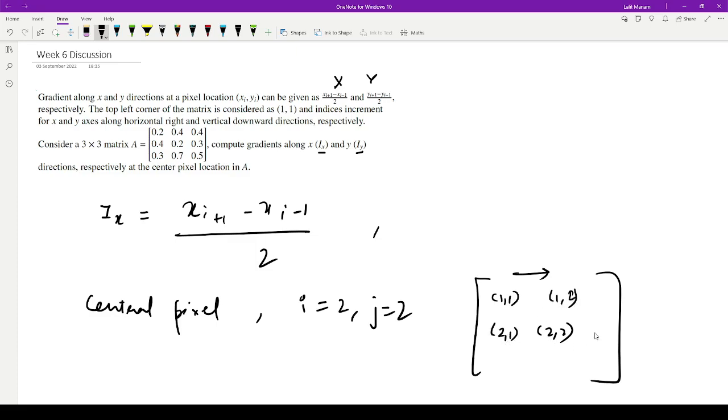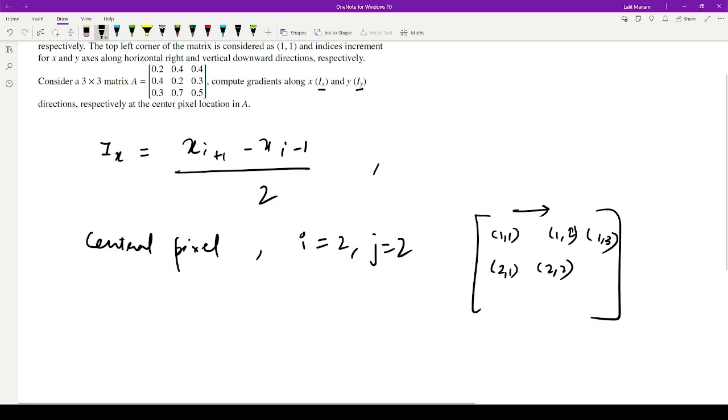Based on this, it's pretty straightforward. So Ix will turn out to be, this is x of I plus 1, so we need to move in x direction one place ahead and then take the value.